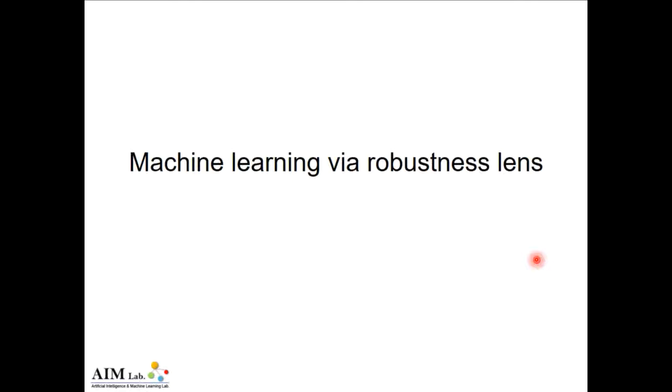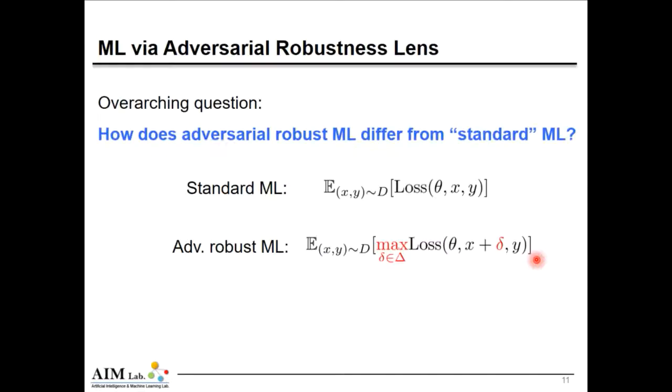Now we will talk about machine learning via robustness aspects. We will see how machine learning looks through the lens of robustness. So, how does adversarially robust machine learning differ from standard machine learning?